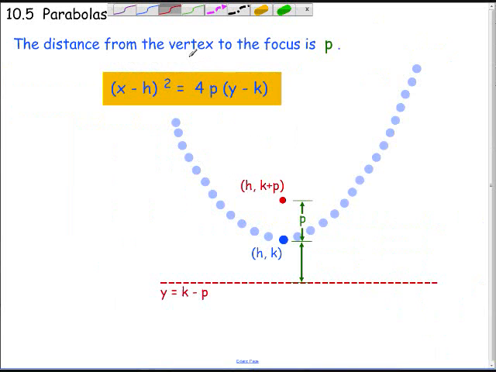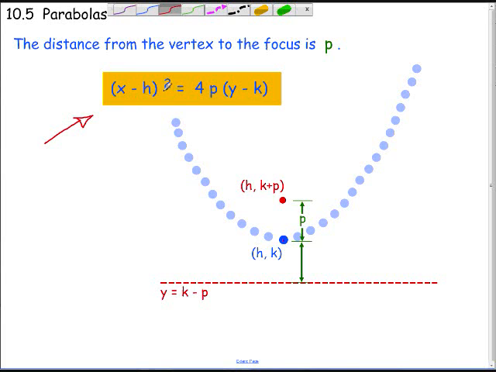The distance from the vertex to the focus is going to be referred to by this symbol P. So this distance right here, from the vertex to the focus, is P. This gives us a general form for a parabola which has the x term squared, the y term linear.